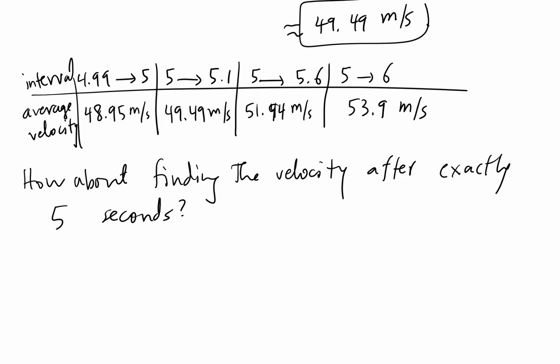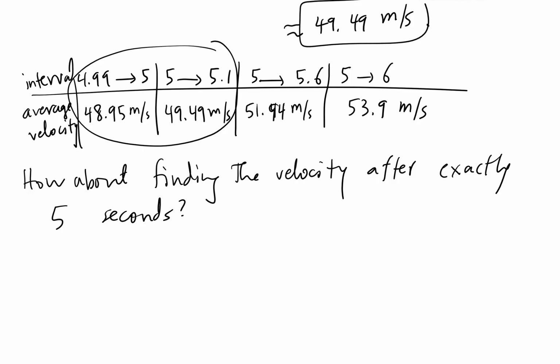What can be a good guess here that we can conclude? If we look at these two, these are the ones closest to 5. What can be the velocity after exactly 5 seconds? If you look at the first one, 4.99 to 5, over that interval it was 48.95.